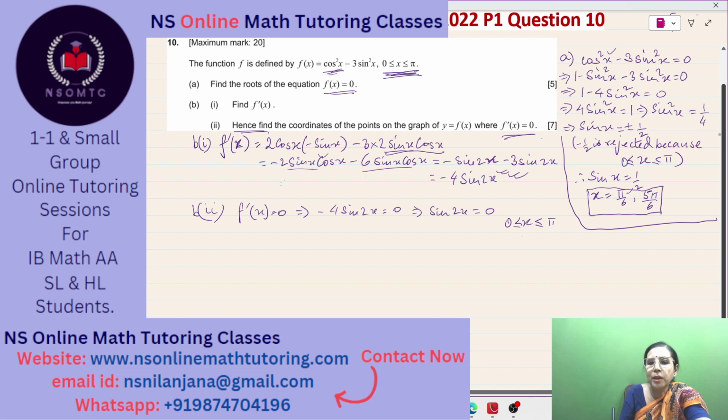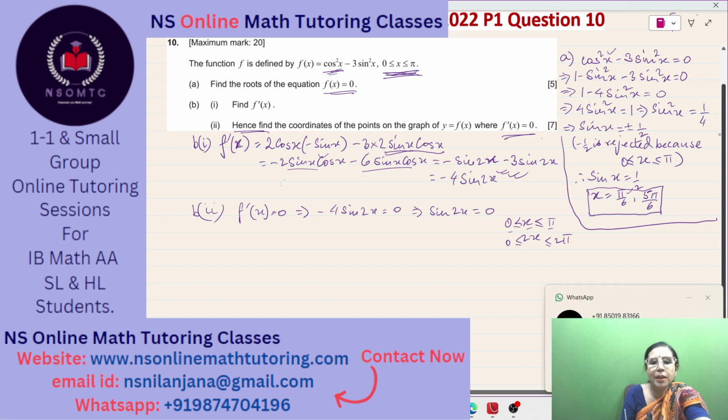So what will be the domain for 2x? I'm multiplying 2 with all the three parts. 2 times 0 is 0 and 2 times pi is 2 pi. Okay. So 2x can have any value from 0 to 2 pi. And we are saying sine 2x is 0.